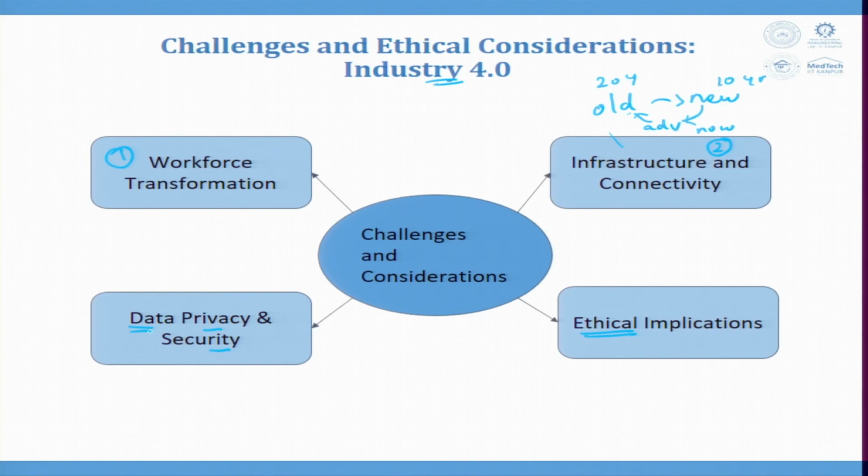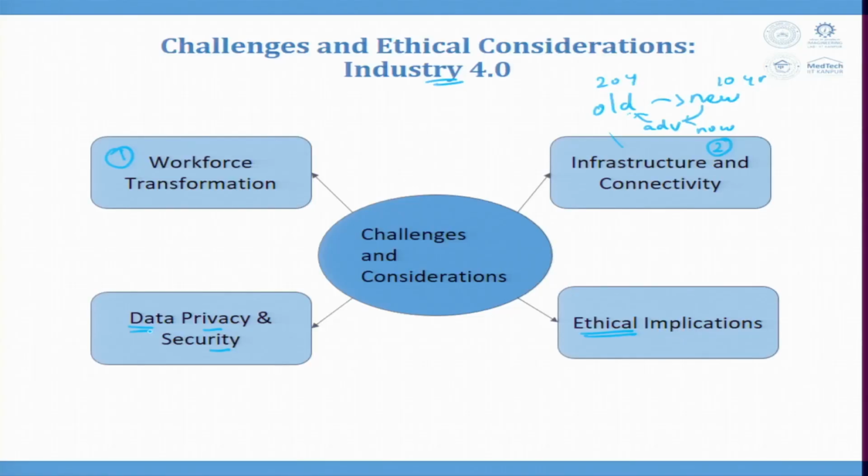This data has to be maintained for privacy and security. This slide talks about the challenges and ethical consideration for industry 4.0, a very important slide, and you should understand all those things play a very difficult role. When we try to integrate industry 4.0 and social innovation, it is not going to be an easy task.